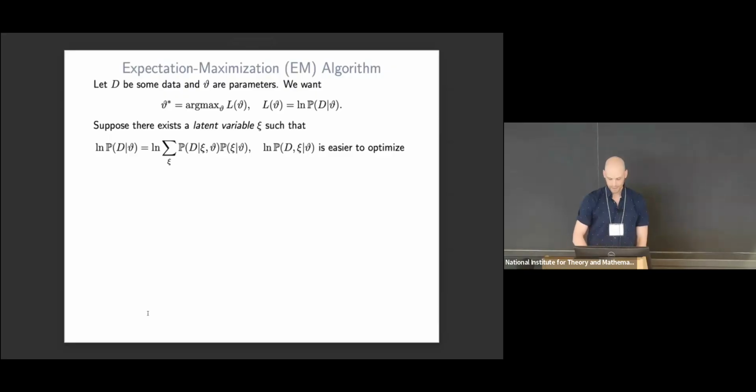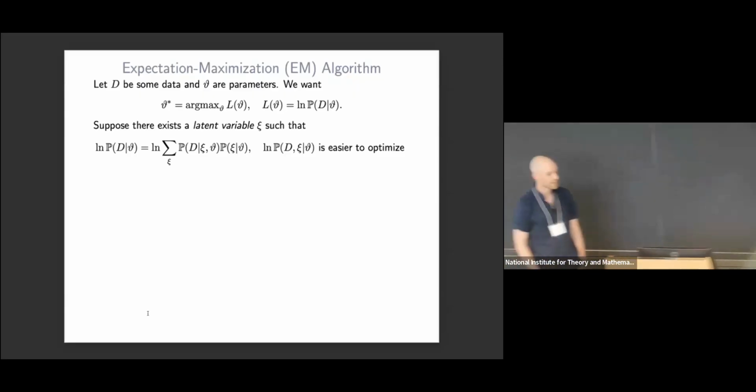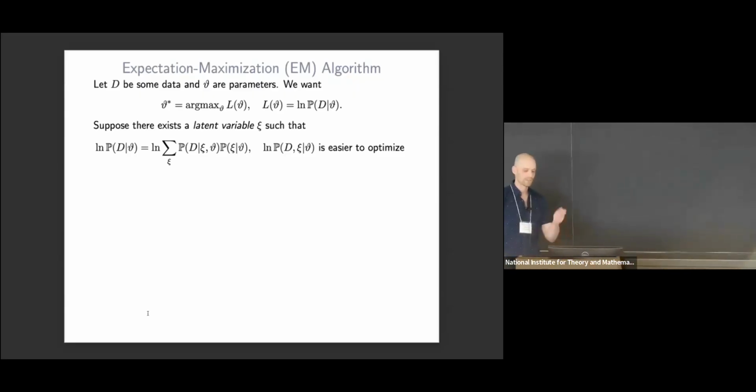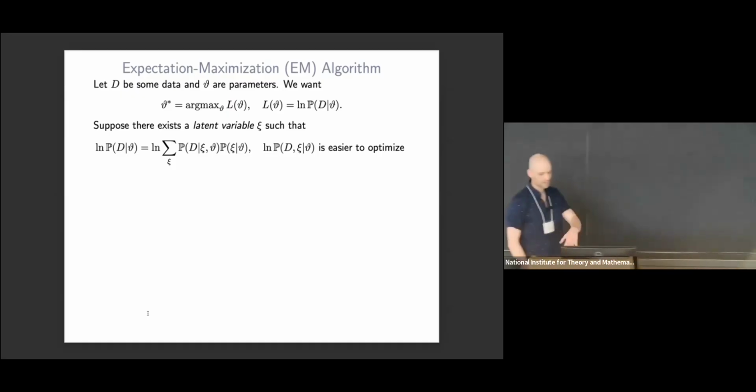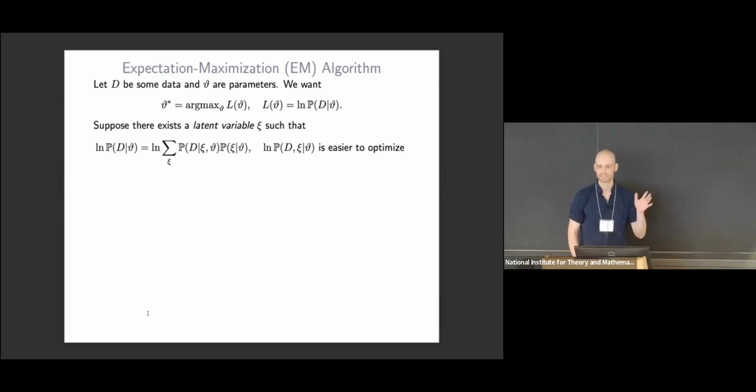This is more general than multiple instance learning, and I think it's a good thing to know in general. So what is EM? You have a problem where you're trying to do maximum likelihood estimation. You have a likelihood function, a loss function, which is the log likelihood of the probability of seeing the data conditioned on the parameters. I'm just going to use P, whether it's a probability measure or a density.